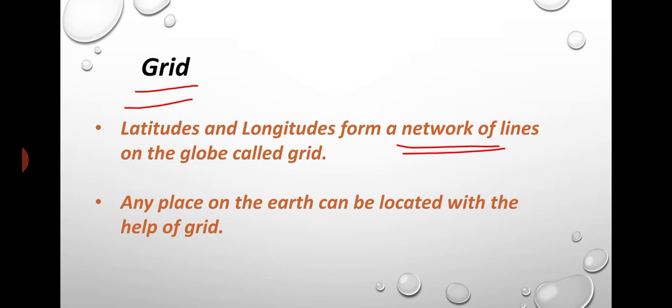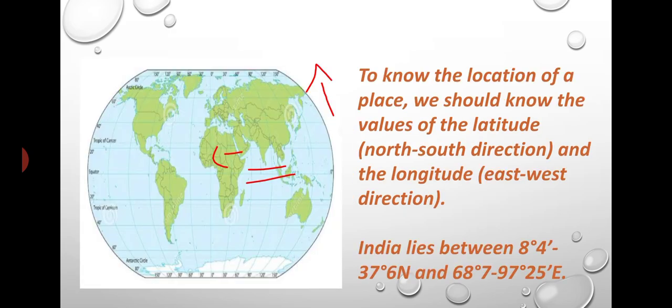Finally, let us study about the grid. This grid is very important for us to locate any place on the globe. It is nothing but the latitudes and longitudes which form a network of lines on the globe. This network of lines on the globe itself is called a grid. To know any location of a place, we should know the values of both the latitudes as well as the longitudes.